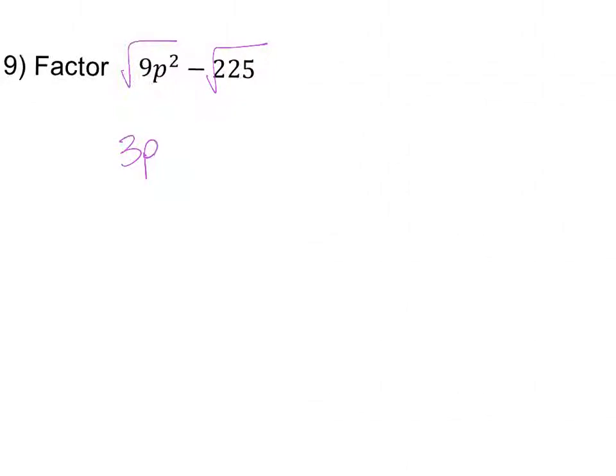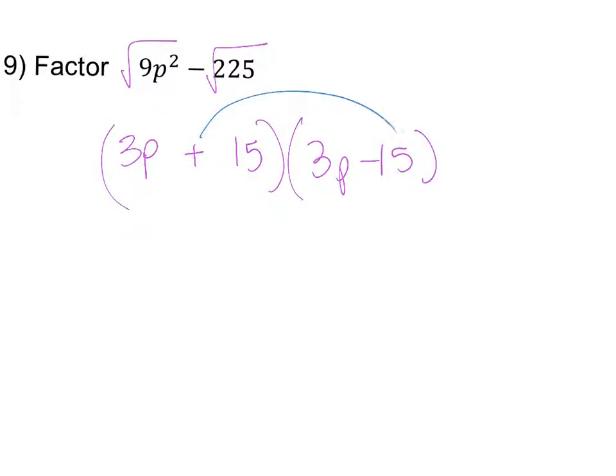So what is the square root of 225? 15. But that means one of them is positive and one of them is negative, because when you multiply positive 15 times negative 15, it gives you negative 225. And when you FOIL it out, 3p times 3p is 9p squared.